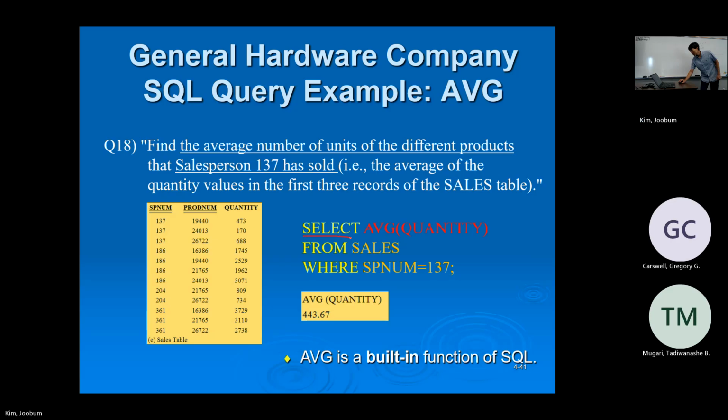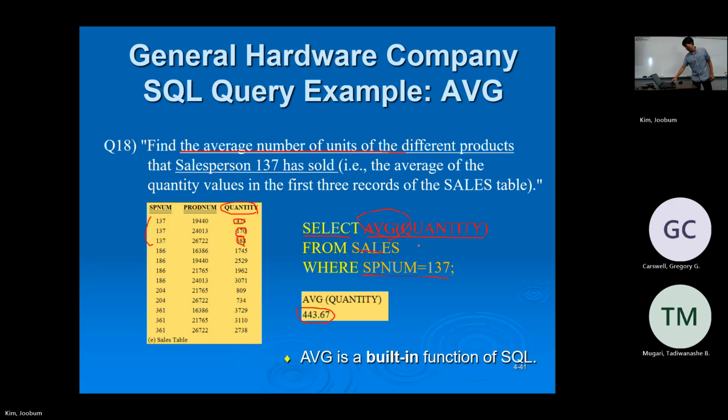Select average of quantity, since the number of units is stored in quantity, from the salesperson table where salesperson is 137. So we add 473, 170, 688, and get the average by using this average function.